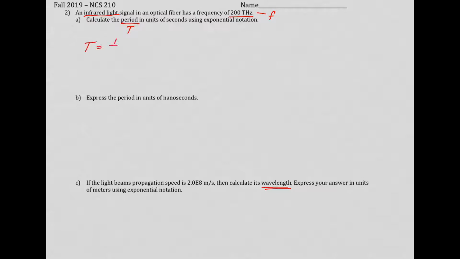T is 1 over f. I'm going to write f as 200 terahertz, which is 200 e to the 12th hertz. So it's really 2 times 10 to the 14th hertz. Wow. Okay, so this is 1 over 2e14, which is 0.5 e to the minus 14.